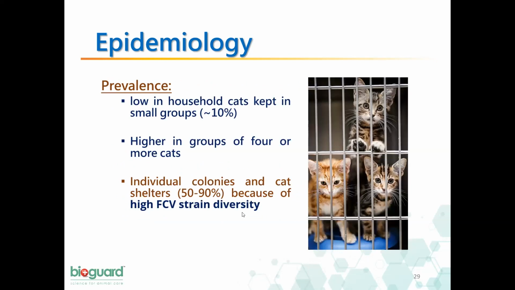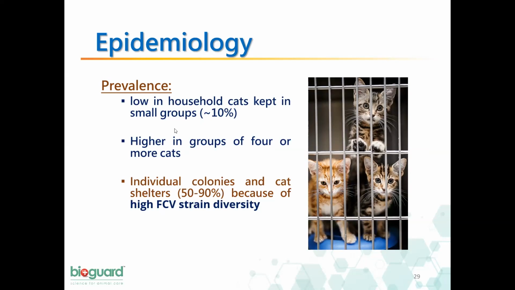When we talk about the carrier stages of this virus, prevalence is higher in individual colonies and cat shelters, where 50 to 90% of cats will be infected by feline calicivirus, with strain diversity.